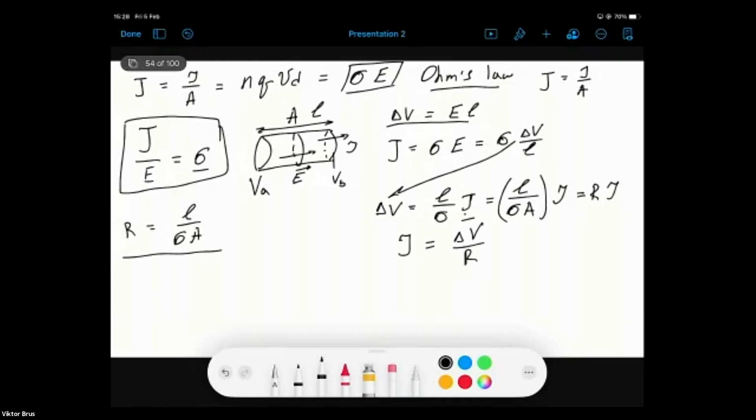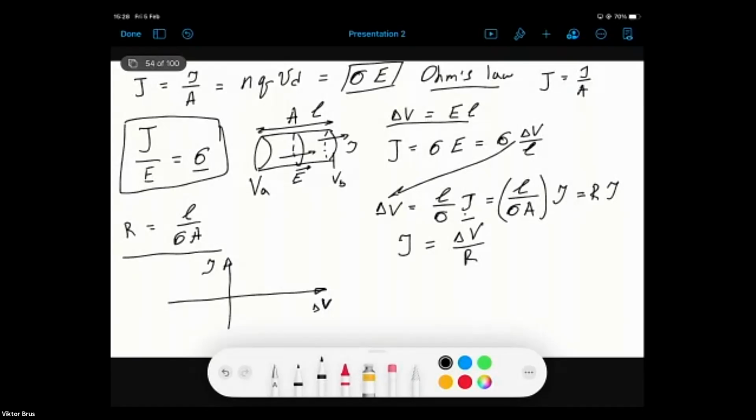And here is an example of an ohmic conductor. So we have voltage, like potential difference, and here we have current. What does it tell us?